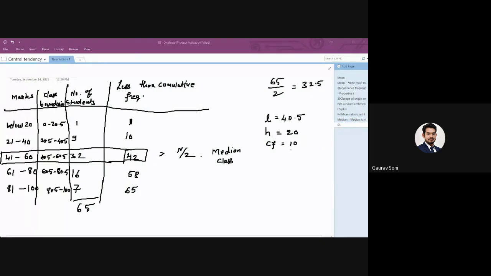What more things do we need? What is n by 2? 32.5. Median is L plus h by f in bracket n by 2 minus c.